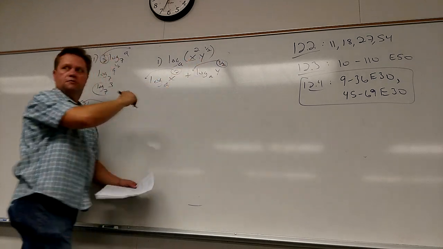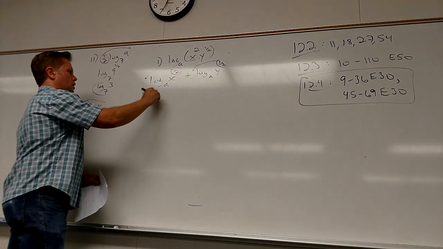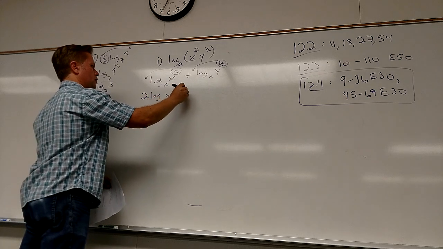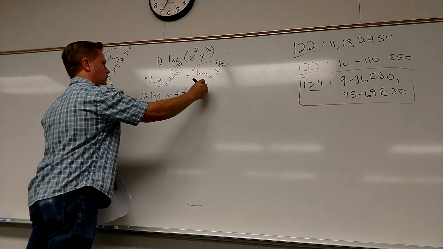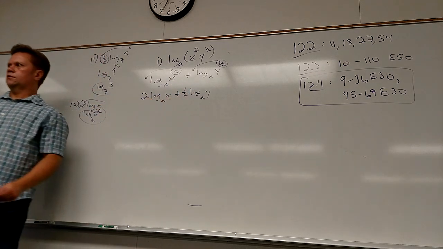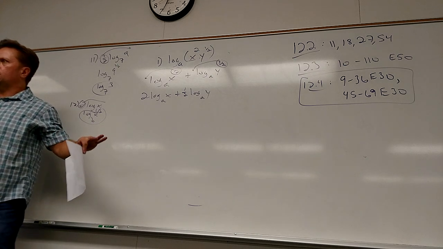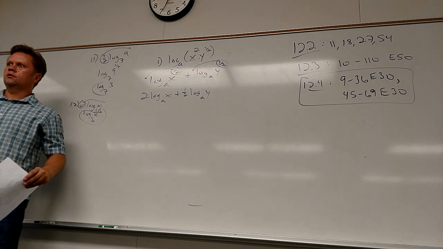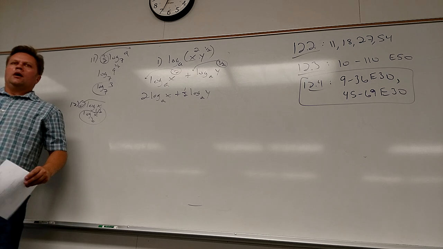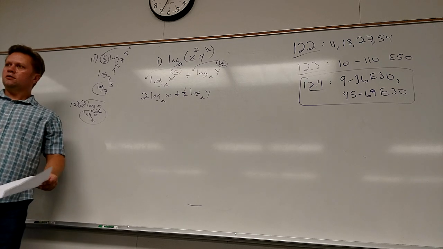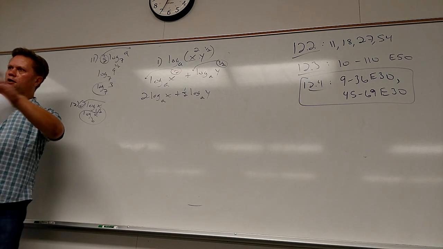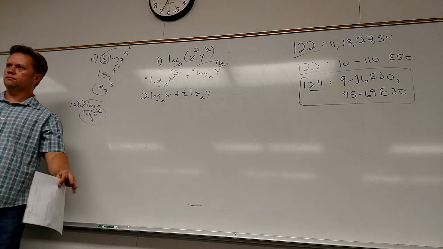Take that down. So 2 log a x plus 1/2 log a y. So that's completely torn back apart. Yes? So we can't keep the exponents up there? I mean, you technically could, but this is completely tearing it down to just its base form, right?